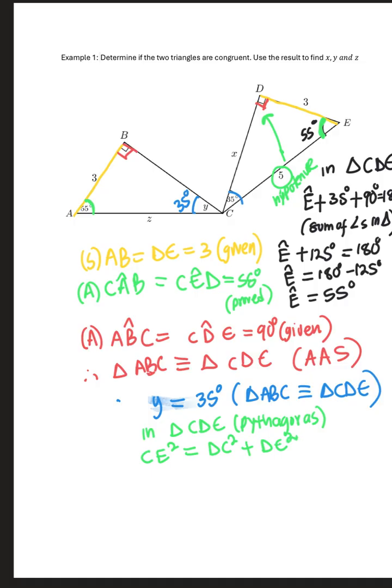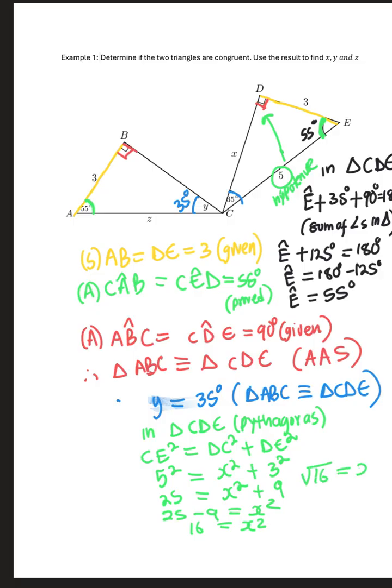CE squared is 5 squared, and then DC squared is x squared, and then DE squared is 3 squared. 5 squared is 25, and then x squared is what we are looking for, and then 3 squared is 9, and then 25 minus 9 is equal to x squared, and then 25 minus 9 is 16, and then we do the square root both sides, then we have x, and therefore x is equal to 4.